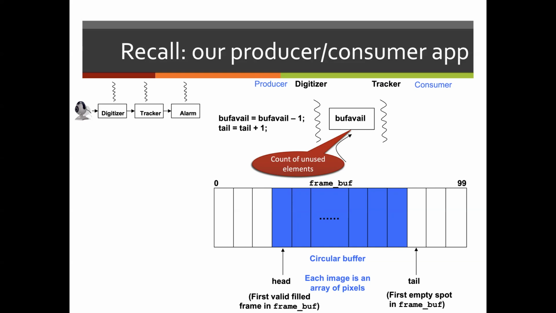With regards to the digitizer, buff available is equal to buff available minus 1, and then the tail is going to be equal to the tail plus 1. With regards to our tracker, we'll have buff available equal to buff available plus 1, and head is going to be equal to head plus 1.